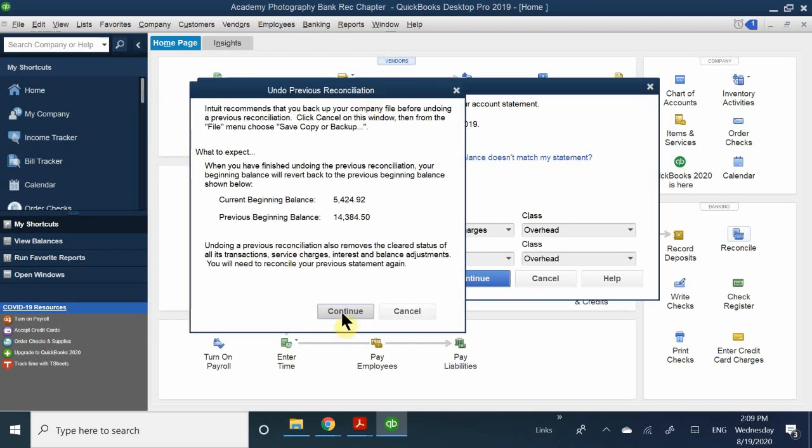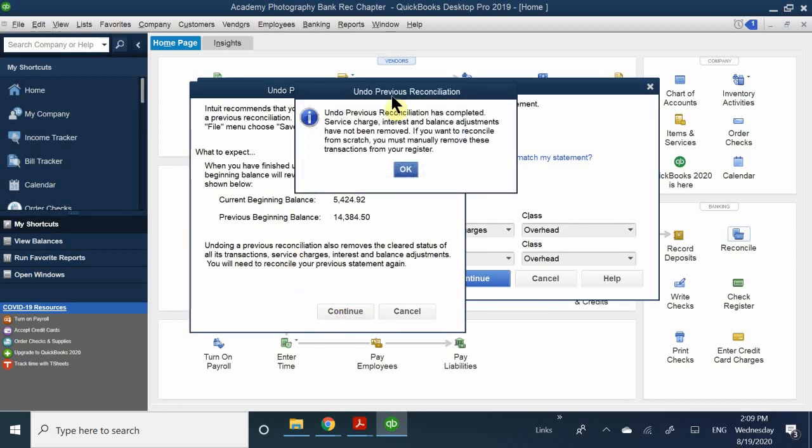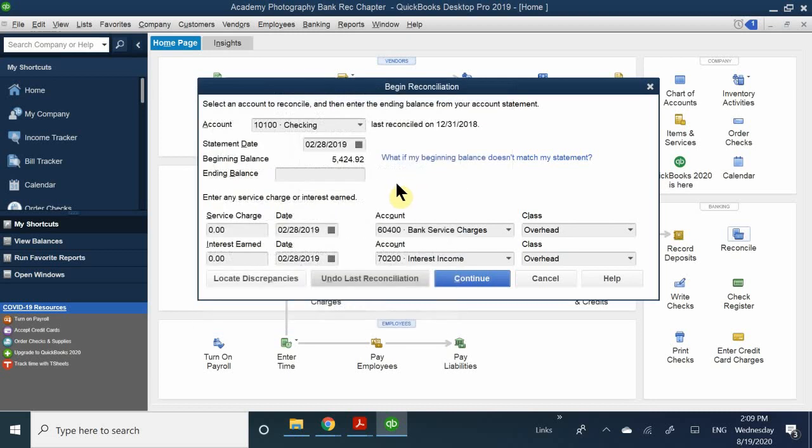I'm going to click continue. Then you get this pop-up window, you can click OK. So now I did that. That means I'm starting all over from scratch. This is just in case we need to find our discrepancy. All right, and I'm going to go ahead and click continue.